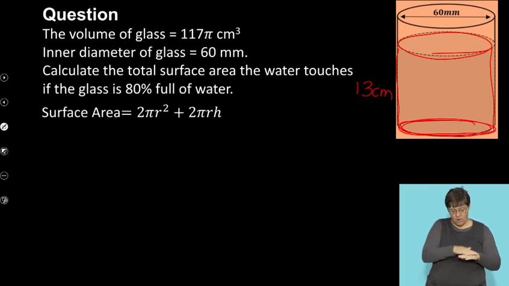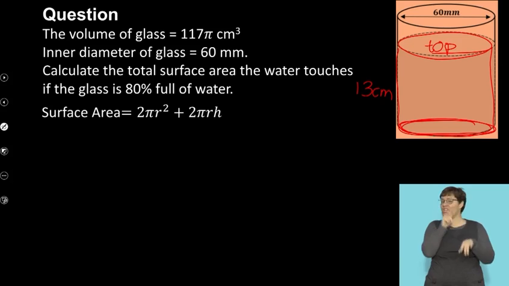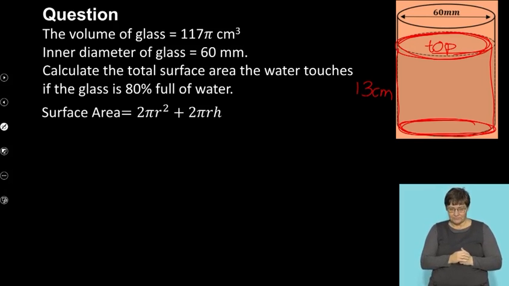So we've got the bottom and the surrounding sides. But guys, please note that the top portion of the water is not actually touching the glass, because we can see that the surface of the water is not touching the glass at this point. So that top circle will not be involved in the surface area of the water touching the glass.